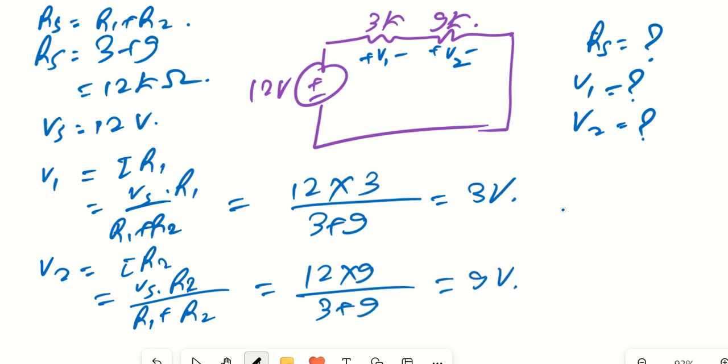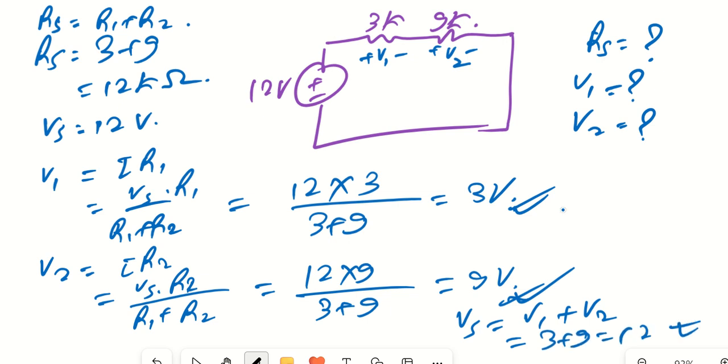As you can see, my V1 is 3 volt, V2 is 9 volt, and my Vs is equal to V1 plus V2, which is 3 plus 9, that is 12 volt. And 12 volt is the source that is actually given. So basically, whatever voltage is given at the source must be distributed across each of the resistances.